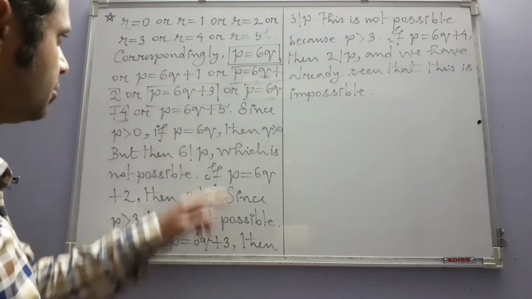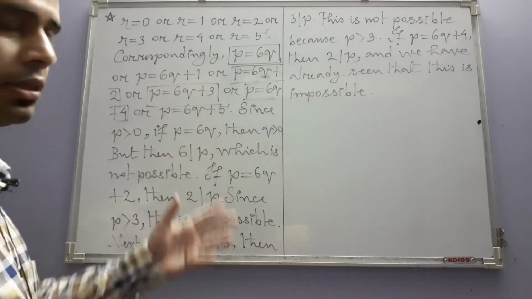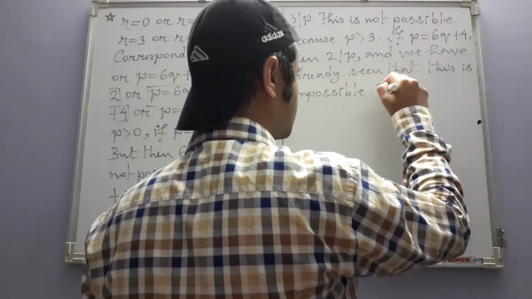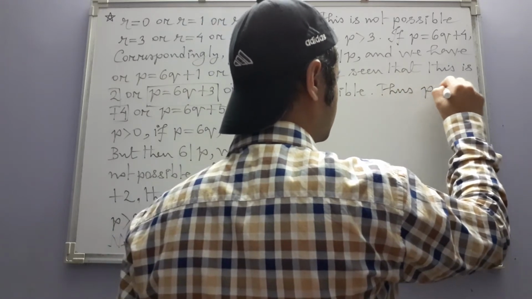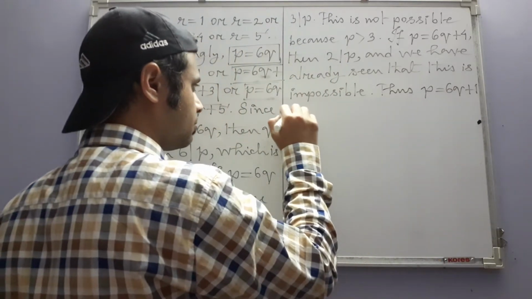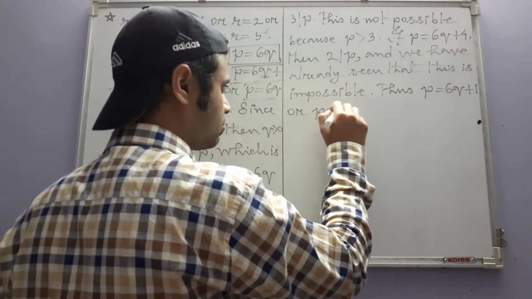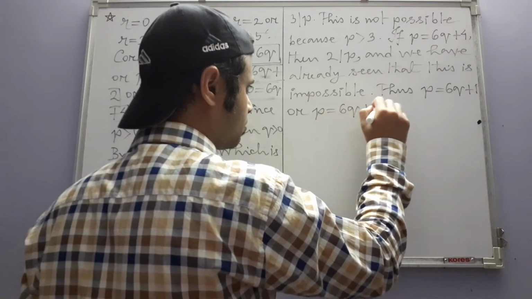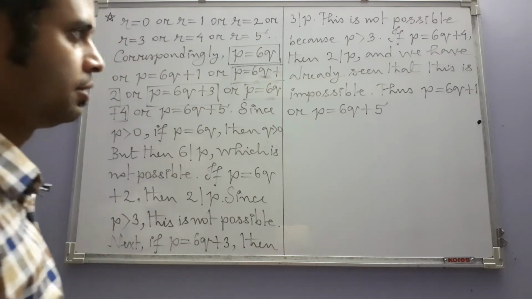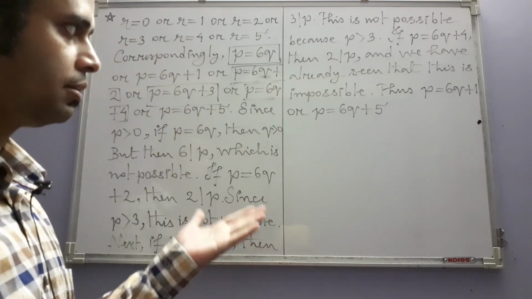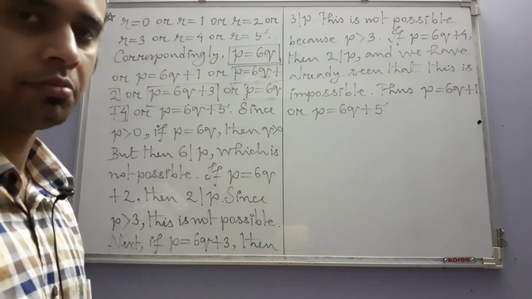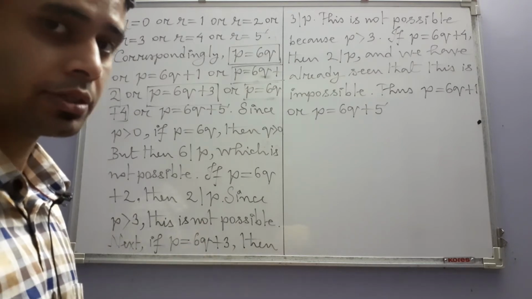So we are left with only two possibilities, 6q plus 1 and 6q plus 5. Thus, p is equal to 6q plus 1 or p is equal to 6q plus 5. Okay. Now note that we have been asked to show that p is of the form 6k plus 1 or 6k minus 1 where k is a positive integer.